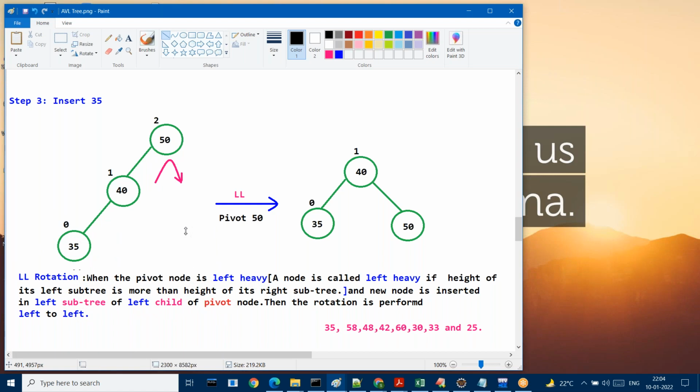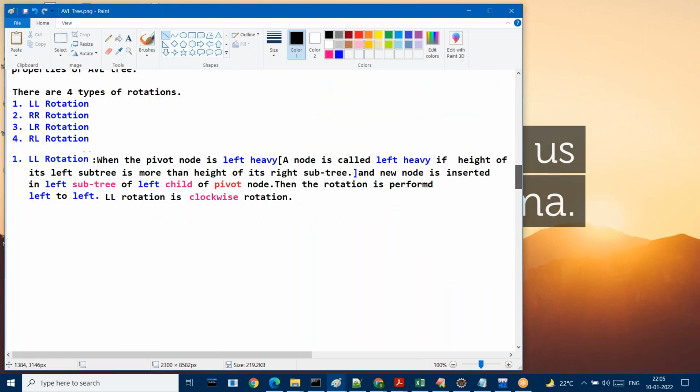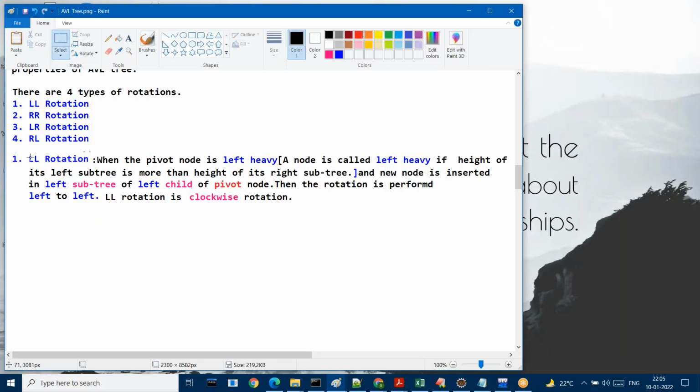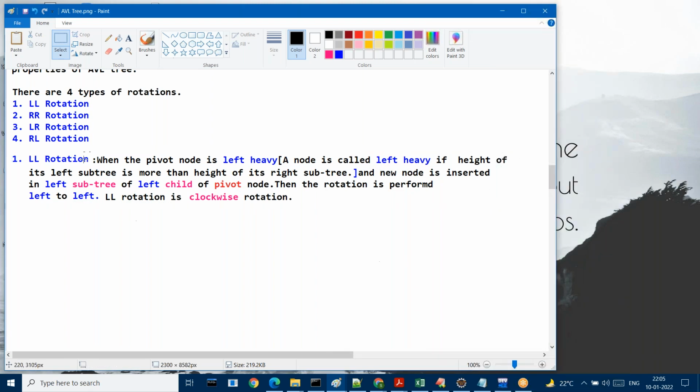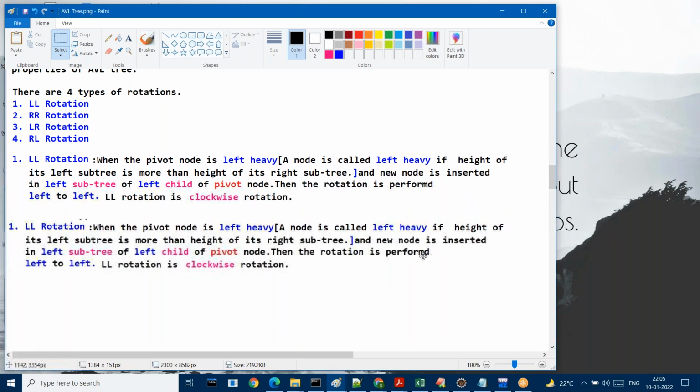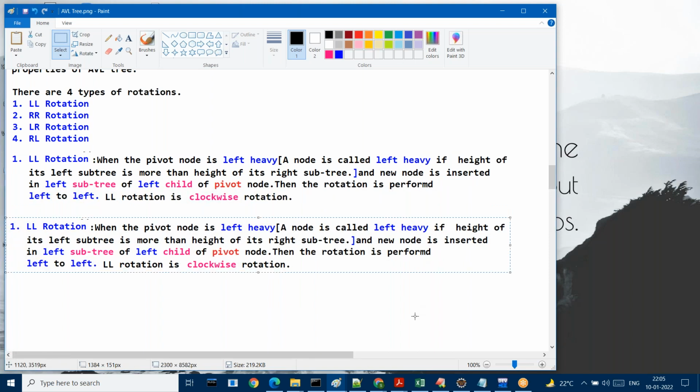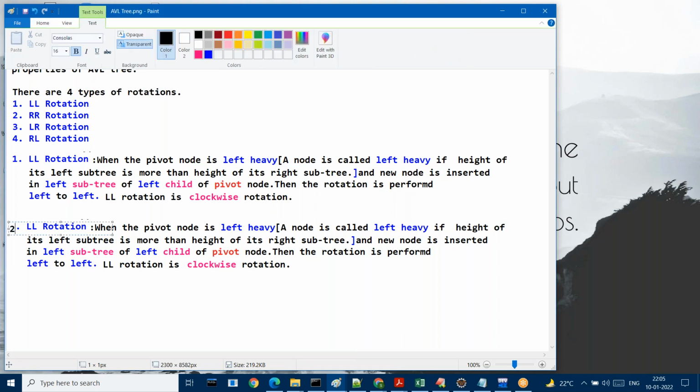Can I move to the next one, guys? Sir, if I understand LL rotation, RR rotation will be an exact copy paste of it. The only thing is that all the word left will be replaced by right. Let us start changing this. This will be number 2.